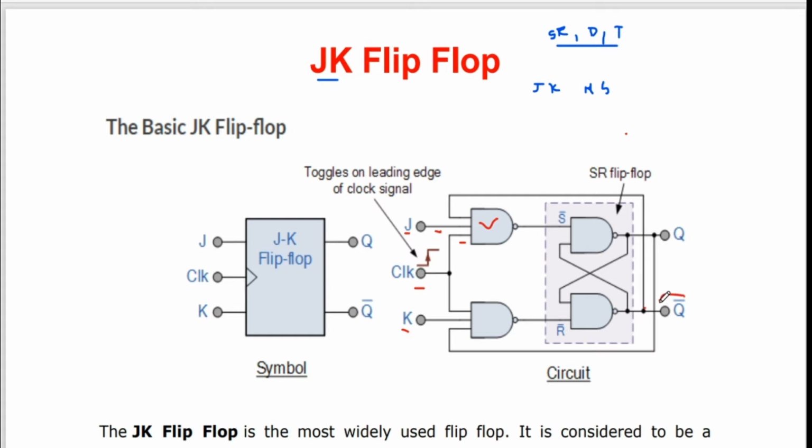The output of Q bar is fed as an input to J, and then the output of Q is fed back as an input to K.